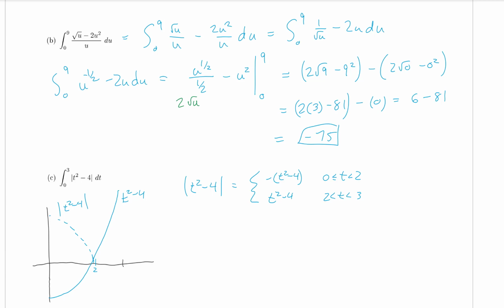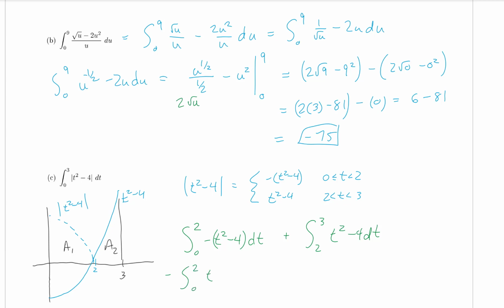So I am going to be finding two different areas, area 1 here and area 2 here, by using a sum of integrals. So I'm going to be doing the integral from 0 to 2 of negative t squared minus 4 dt, and then the integral from 2 to 3 of positive t squared minus 4 dt. I can just pull out that negative right here.